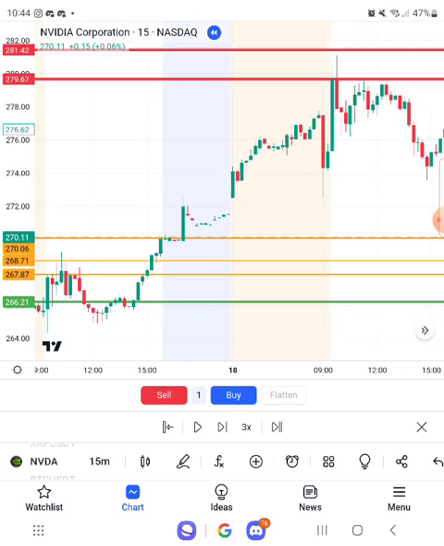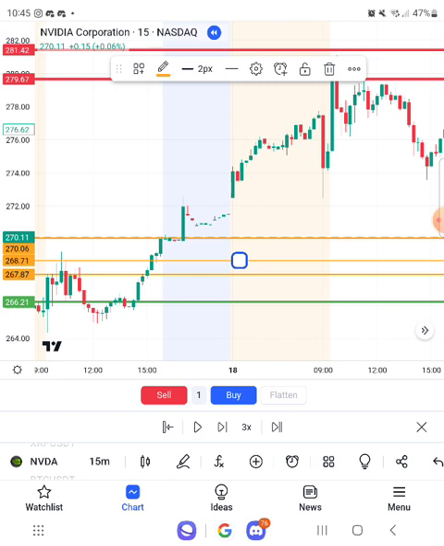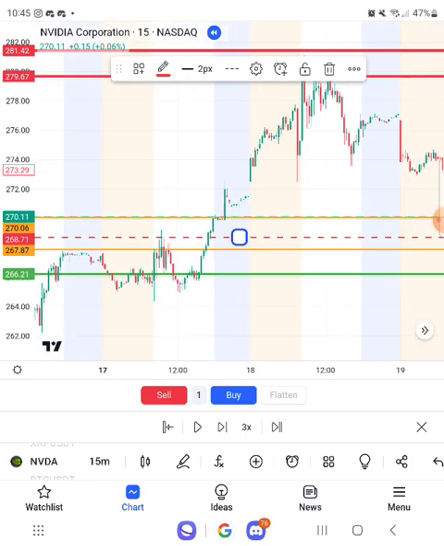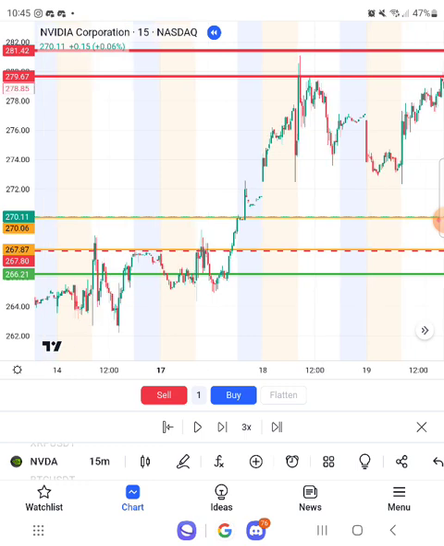So this, I'm going to put the dots, the dash, meaning that if the price crosses this level, I'll be down. I'll be a seller.